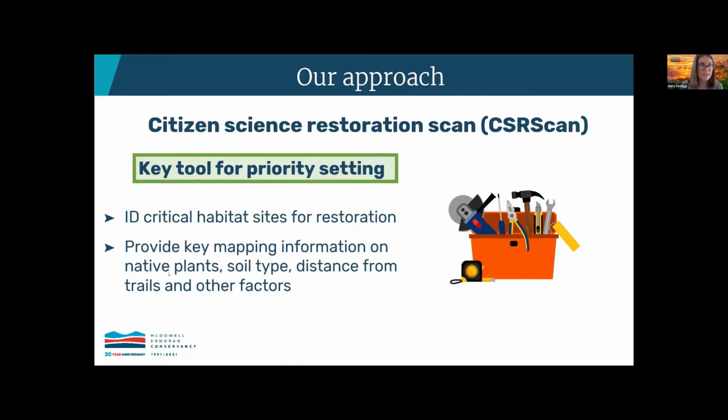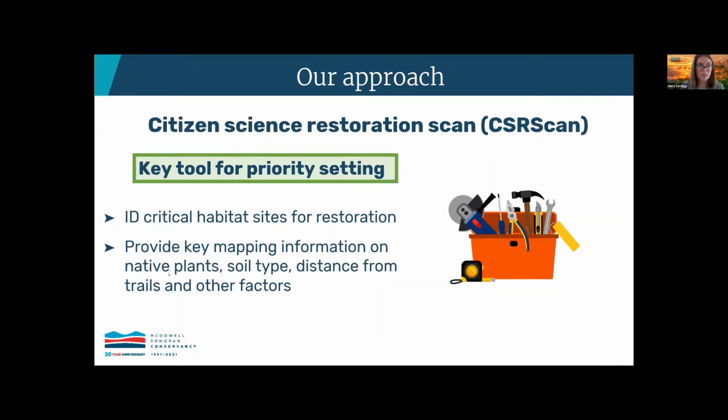So the idea is that this is a key tool for priority setting. We want managers to be able to look at the resources we provide from this method so that they can identify critical habitat sites, bringing them from low battery back to high battery. And we want to provide key tools so that they can use that for restoration planning.